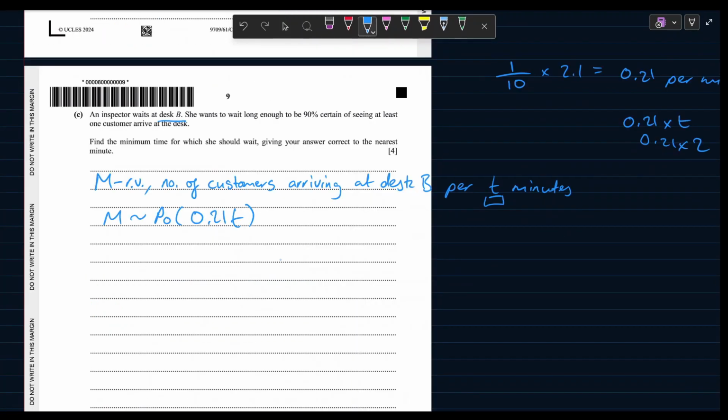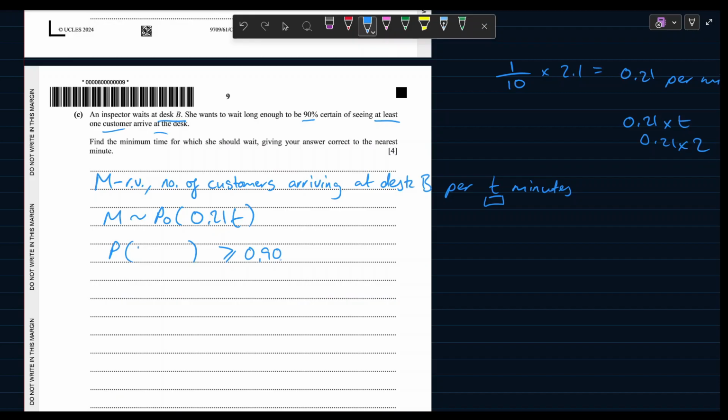And we are told that she waits long enough to be 90% sure. So whatever probability we have here is going to be greater than or equal to 0.90. She wants to be at least 90% sure of seeing at least one customer arrive at the desk.